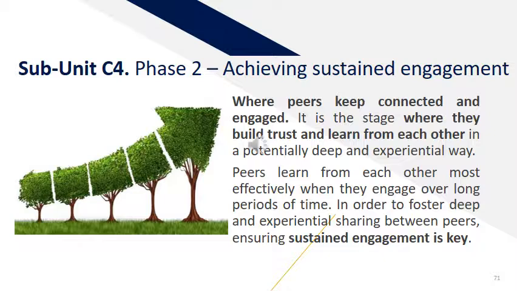Few facilitators of peer training activities have an explicit strategy in place to foster sustained peer engagement. However, peers learn from each other most effectively when they engage over long periods of time. In order to foster deep and experiential learning between peers, ensuring this sustained engagement is absolutely key.